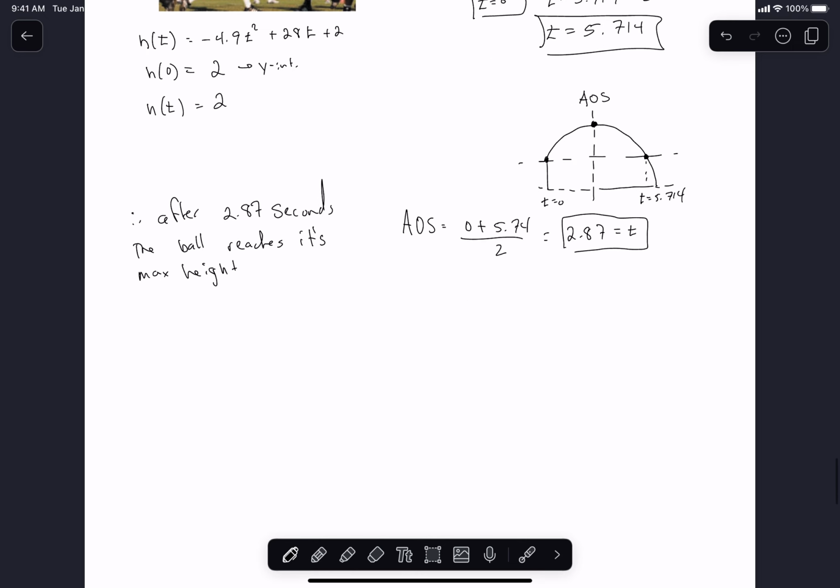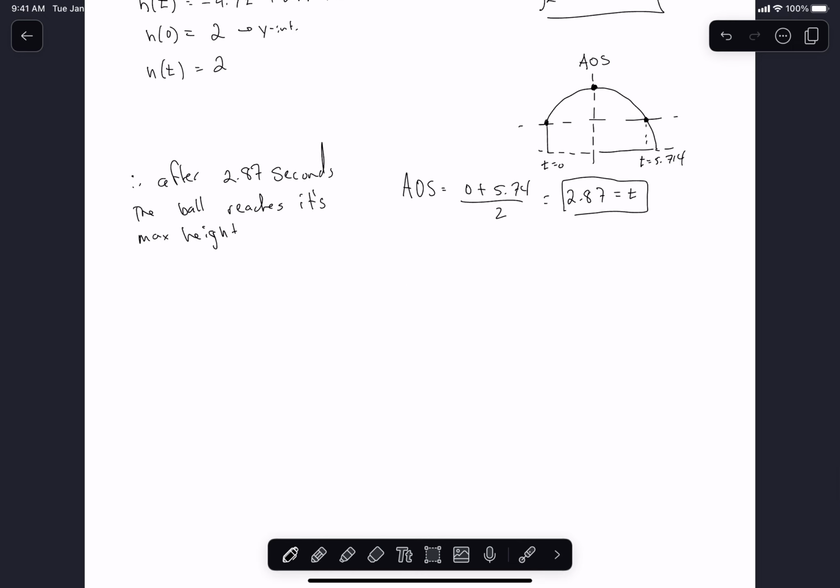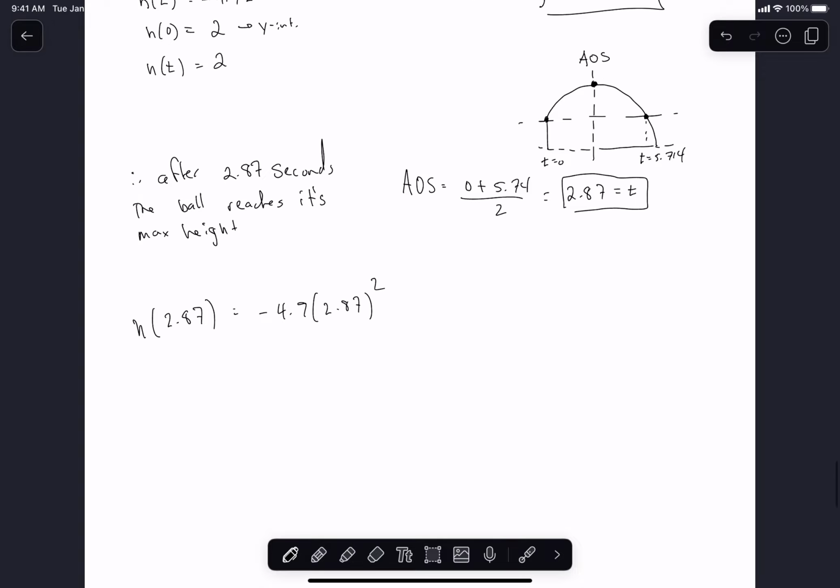So what we're going to do next, after I found that t value, is find its corresponding height value. To do that, I'm just going to evaluate the function h of t at 2.87. That's going to be negative 4.9 times 2.87 squared plus 28 times 2.87 plus 2.